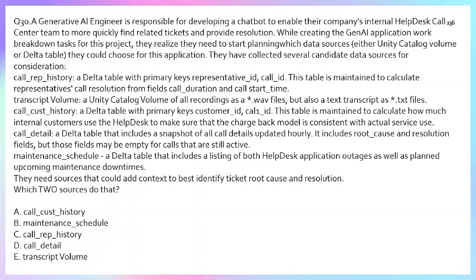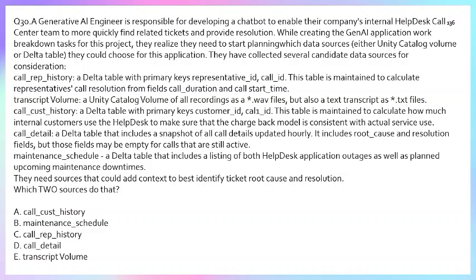So for this, option A, call rep history. Option B, maintenance schedule. Call rep history, call detail, transcript volume. Call rep history: this table contains information about the representative's call resolution flow.